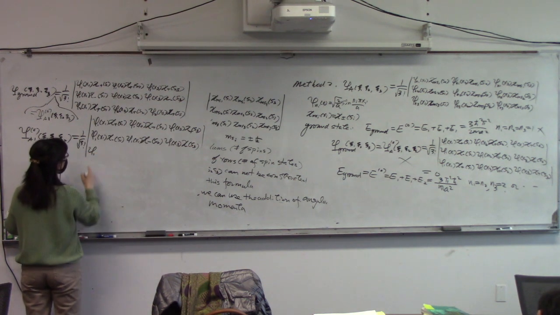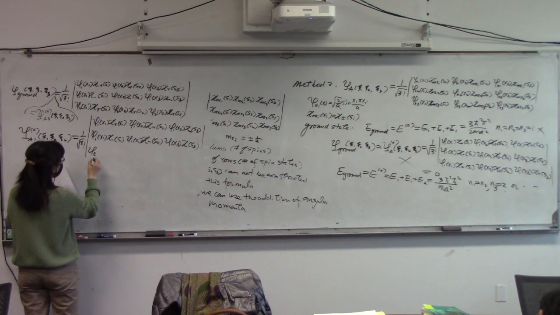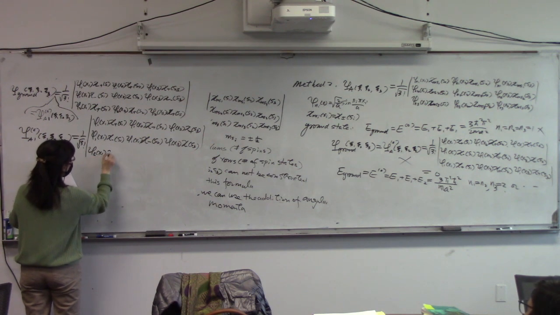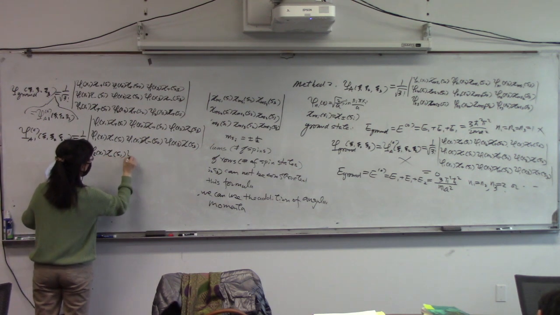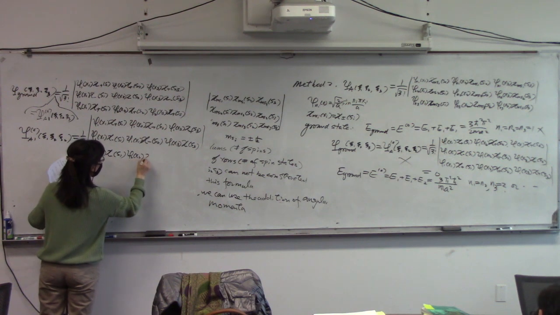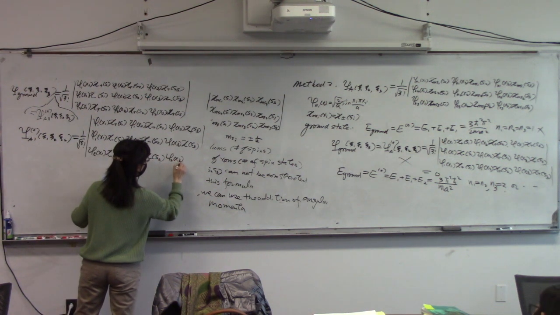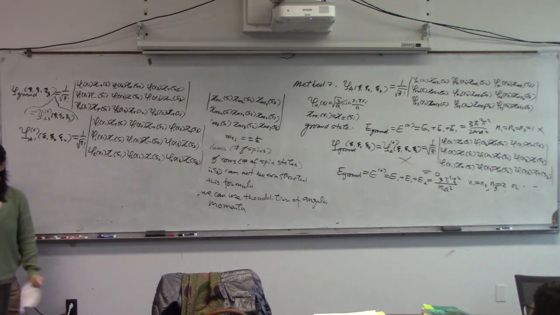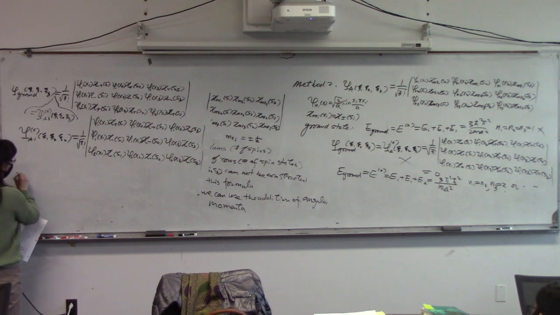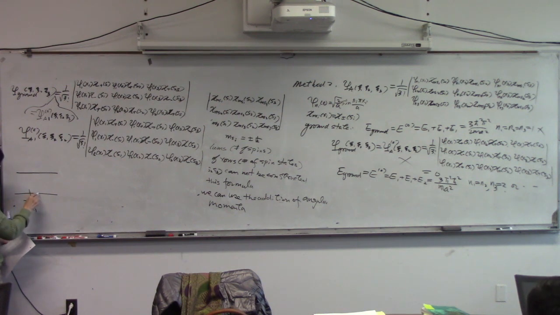Now here I give this second level a spin down. And this one is like here. If you look at the occupation, it is very easy. For the first one, if I use this state, A1 is 2, right?